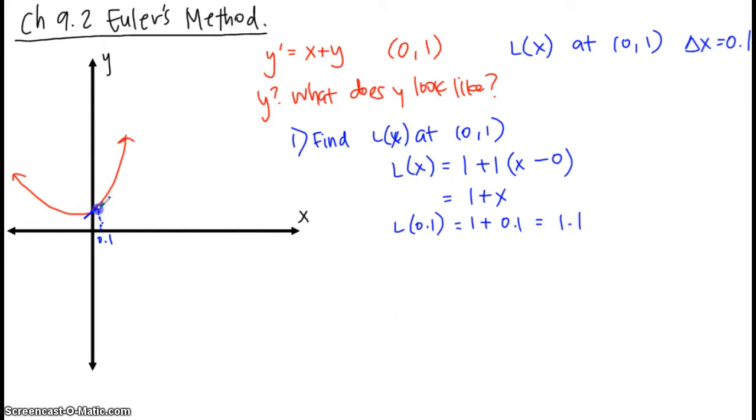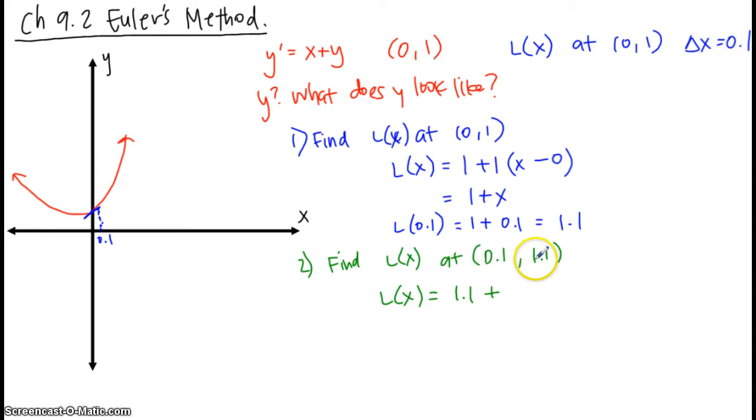So right here at 0.1, 1.1, I'm going to use that to find my next L of x. So I'm going to find L of x at, this time, 0.1 and 1.1.